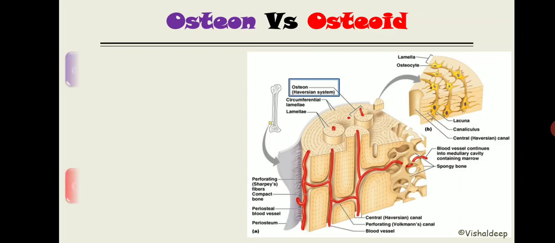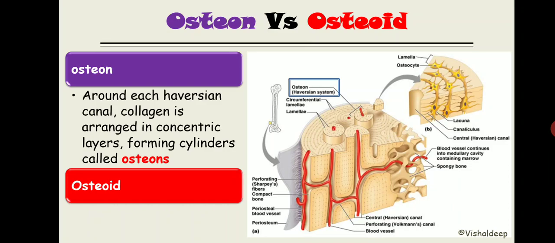Now, the osteon is basically around each Haversian canal. Collagen is arranged in concentric layers, forming a cylinder known as the osteon. You can see in this diagram also, this is the osteon. This is one portion of the osteon, magnified over here, and you can see there is a lamellae, one lamellae. Inside that lamellae, there is a space known as lacunae.